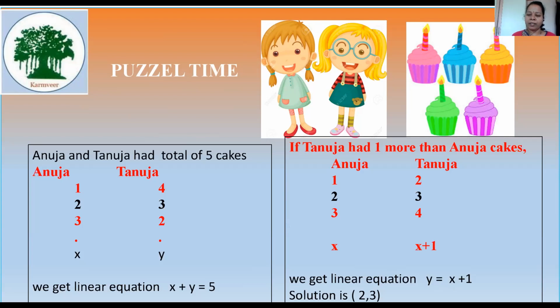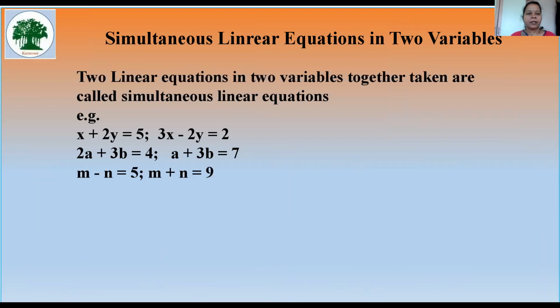If we take them together, then these two linear equations in two variables are called simultaneous linear equations. This is the meaning of simultaneous linear equations: two linear equations, two variables.